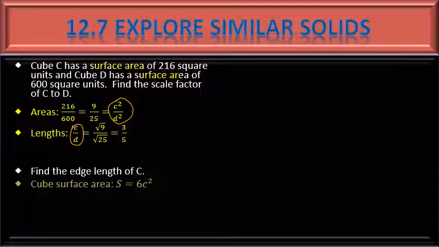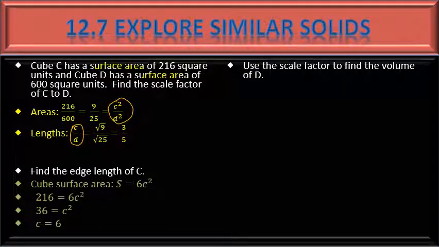And our surface area of cube C is 216. Divide that by 6, I get 36. That equals my side length squared, so the side of cube C is actually 6.